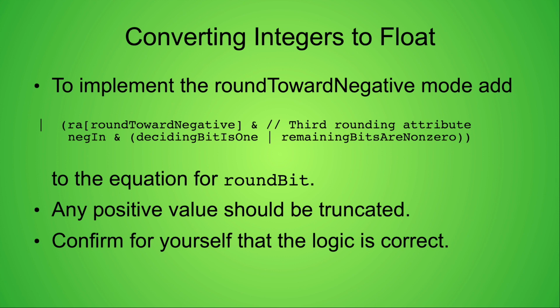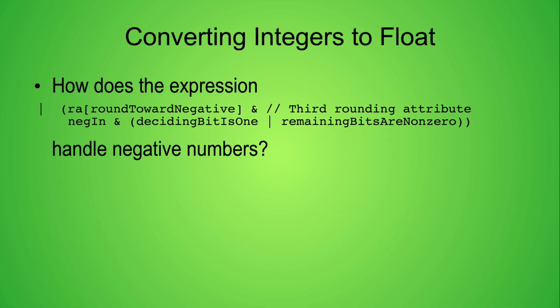If our original input value is positive or 0, that is, if our original input value is not a negative number, neg_in will be false, so the whole expression will be false, so round bit will be 0, causing us to truncate significands for positive numbers. Now let's consider how this expression deals with negative numbers.